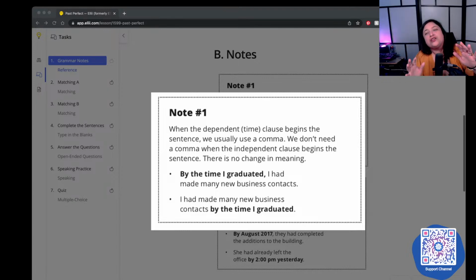But if we are starting the sentence with a dependent clause, so you're starting the sentence with the simple past conjugation, we have to use a comma. For an example, by the time I graduated. Now, this is conjugated in the simple past.